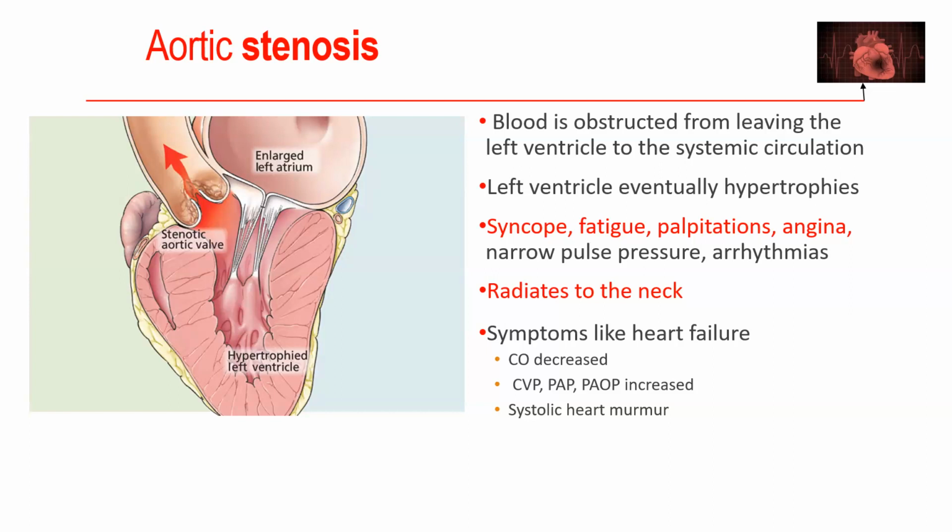But what's going to happen as you hypertrophy your left ventricle is that the left atria is going to dilate. It doesn't really have potential to have quite a bit of hypertrophy, although it'll have some. But you are going to dilate that left atria because you can't get volume into the ventricle.